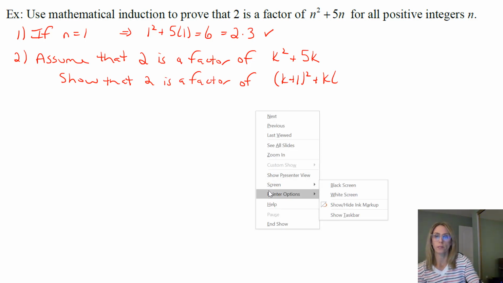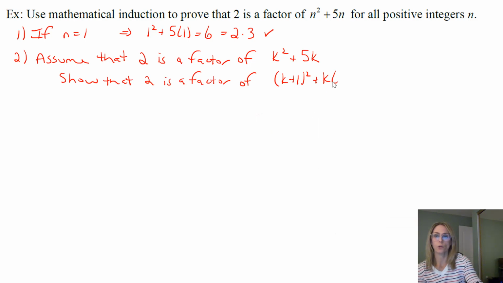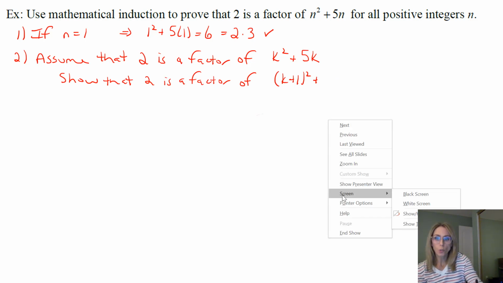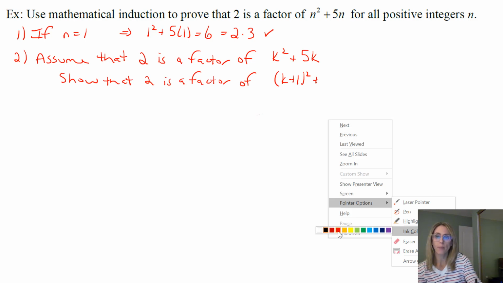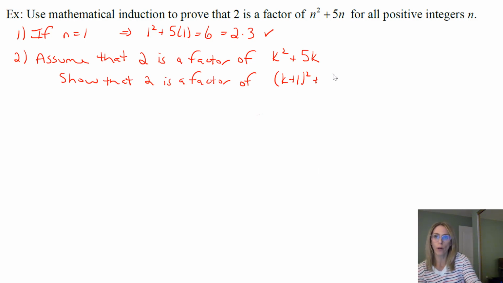So what this does is it tells us, if we can show that it's true for k plus 1, the idea is k and k plus 1 are arbitrary. They could be anything. So we're proving because we're showing that it would work for any k and k plus 1, but they could be any value we want. So therefore, it's true for all our natural numbers. So we have this. And we just want to show that 2 is a factor of this.